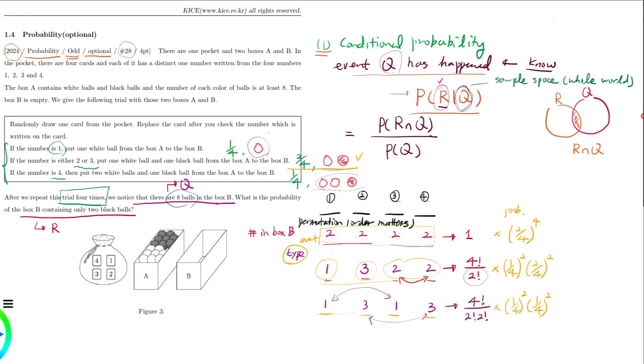Okay, and then what's the case of event R that we are looking for here?